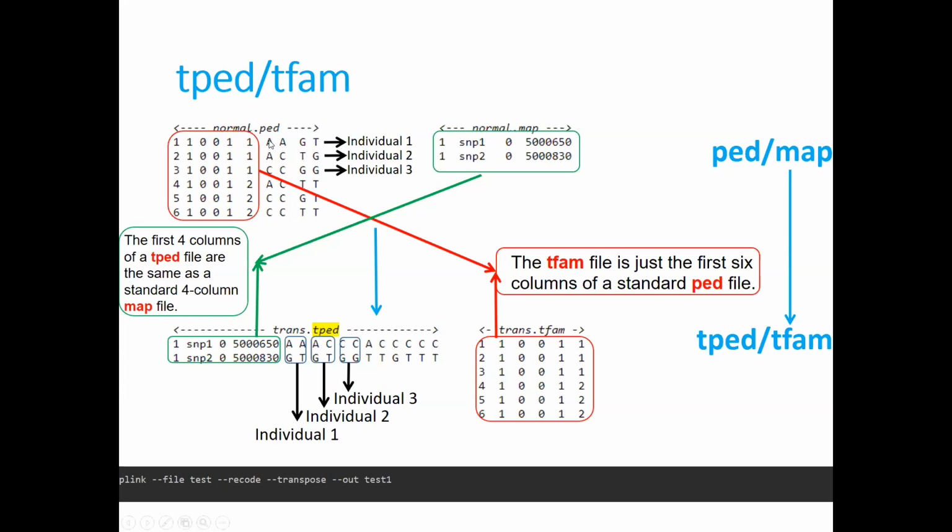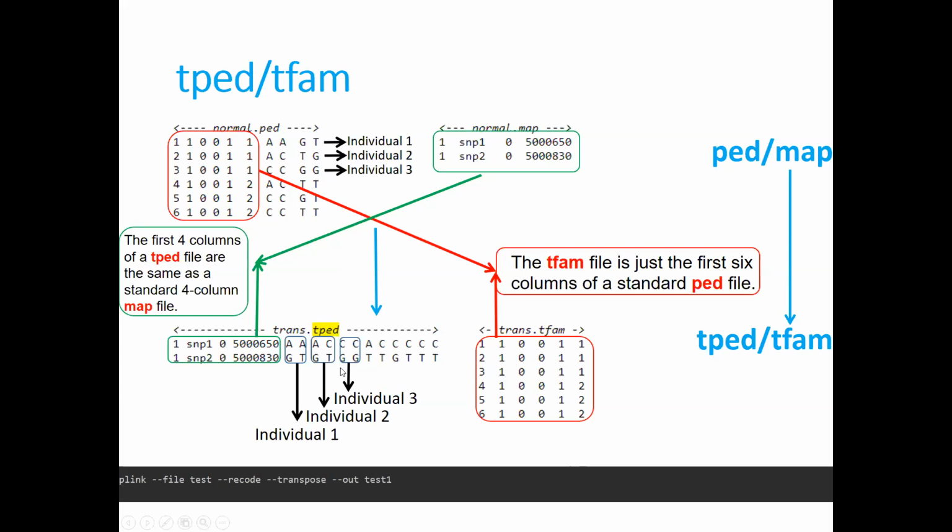For example, this is a sample of the PED file. The first 6 columns are the same as the first 6 columns of the TFAM files.